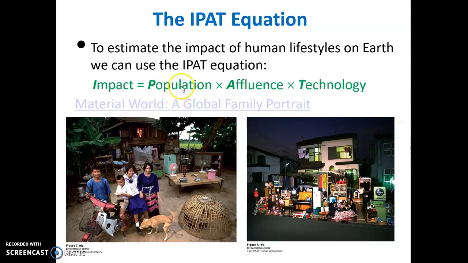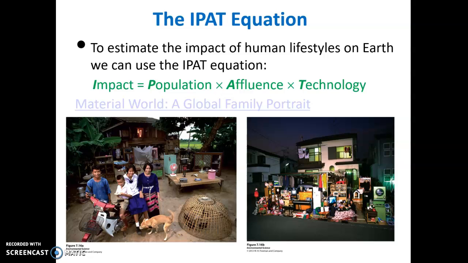So as population size increases, the impact on the environment will increase. As affluence increases, typically the more impact that occurs to the environment. And last, technology, which can go either way. You can have technology increases that lessen the impact on the environment.